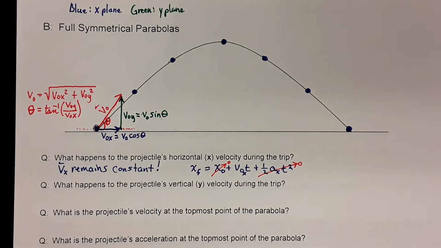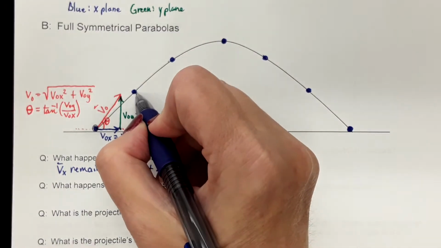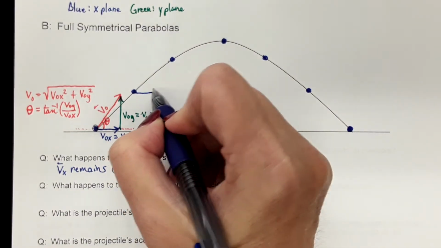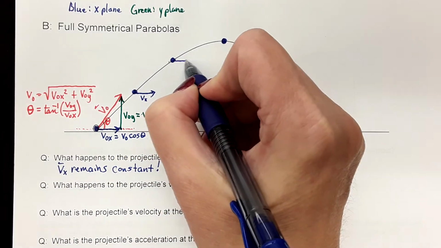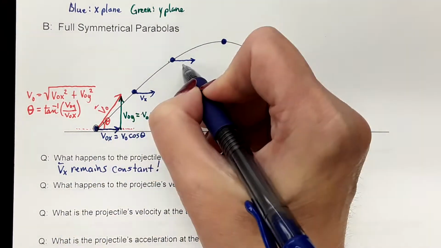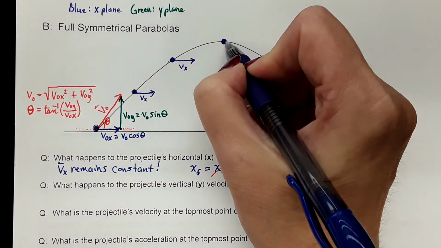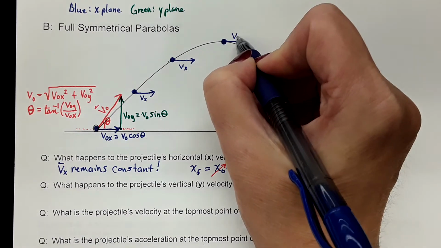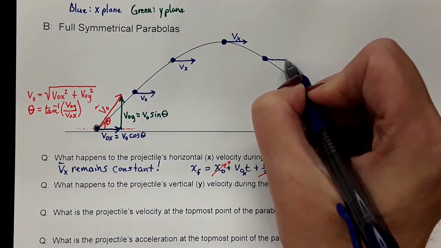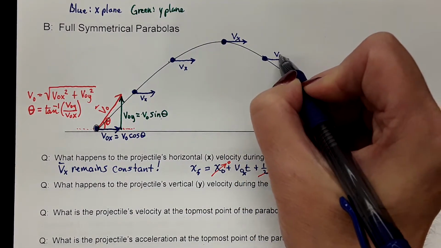All right, so now we know that this horizontal velocity stays constant, so I'm just going to redraw this velocity all along through here, just the same size as it is right there, or at least do my best to do that. Here it is. It's not going to change at all for the entire trip.